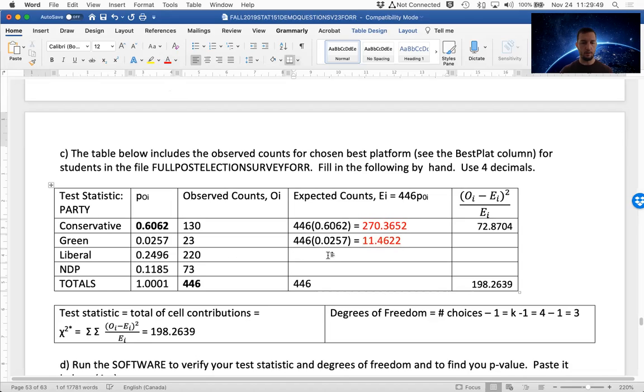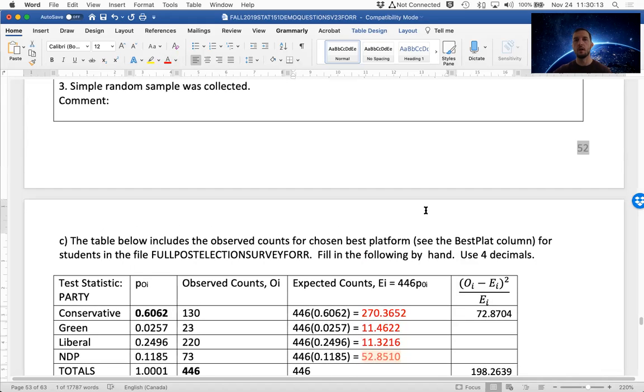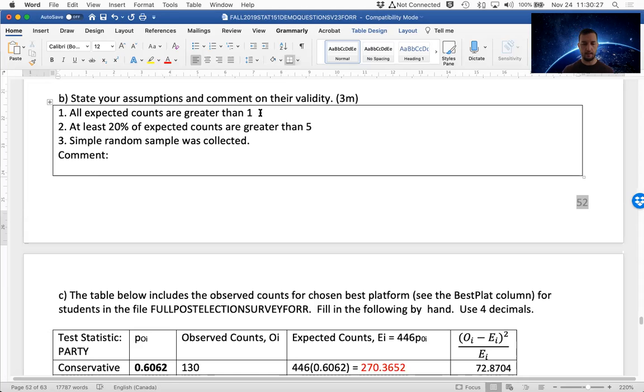In the third column, we would take our sample size and multiply by the proportion expected to vote liberal. And then in our fourth column, we take our sample size and multiply by the proportion that are expected to vote NDP. All right. And then these would become our 4 expected counts.